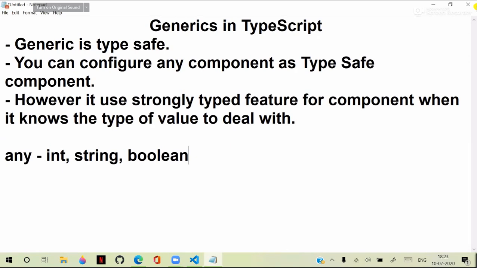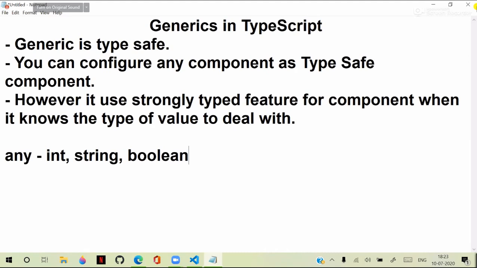That means initially we are not sure what type of value it is. But once we know the type of value, we should not allow any other type of value. You can do that by using generics.